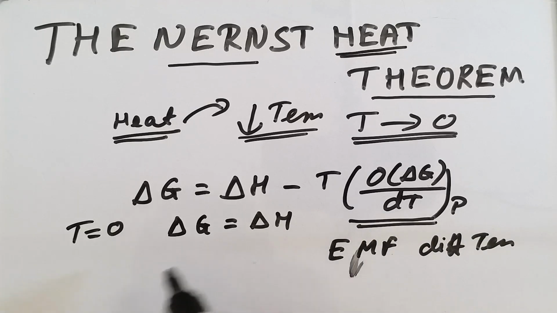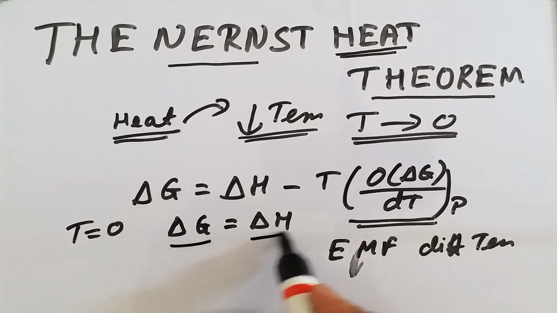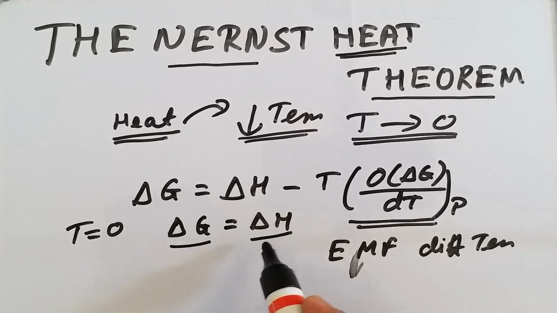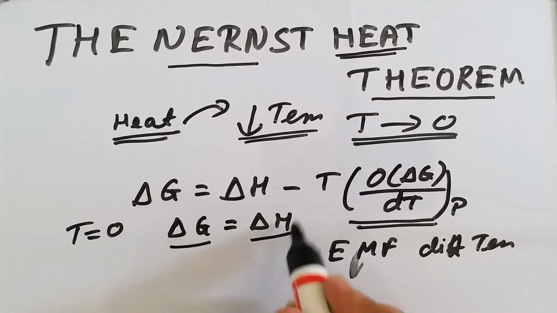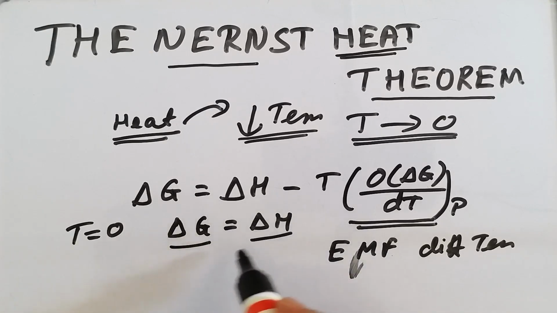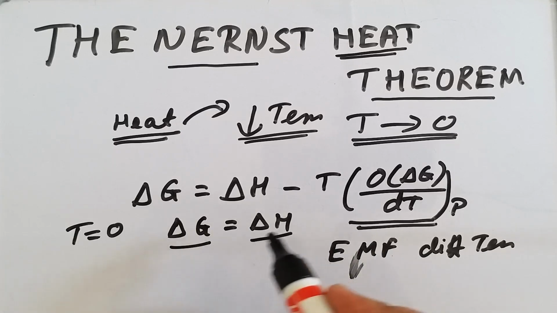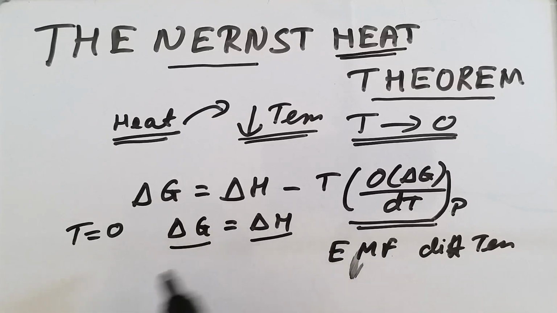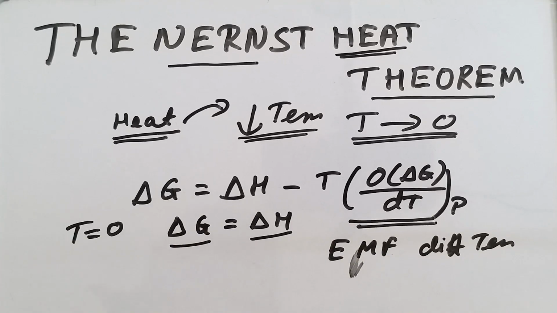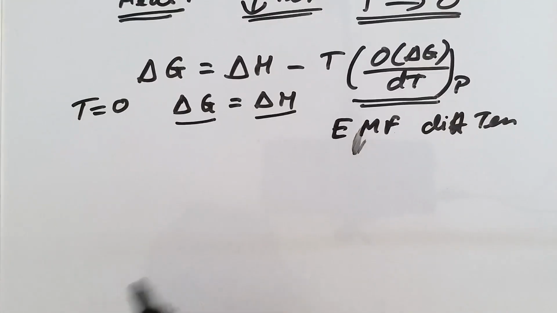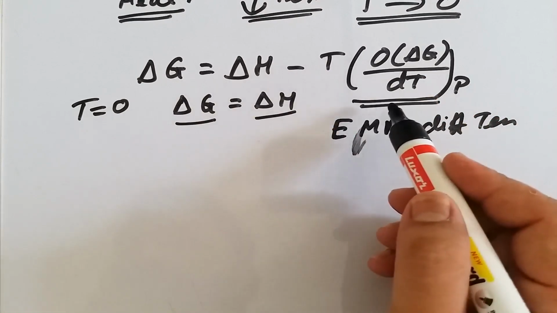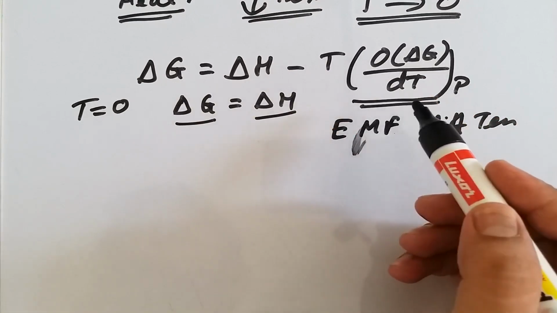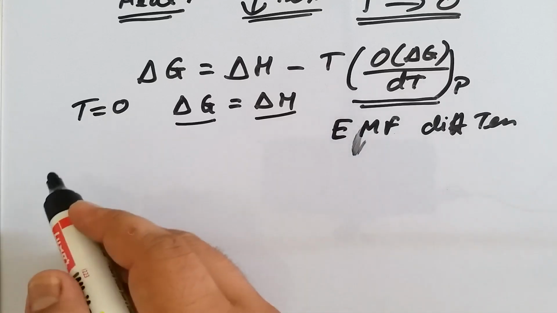Therefore he concluded that the values of delta G and delta H approach each other more closely as the temperature is lowered. Relying on this data of Richards, Nernst gave the Nernst heat theorem, which states that the value of the Gibbs function approaches zero as the temperature is lowered towards absolute zero.